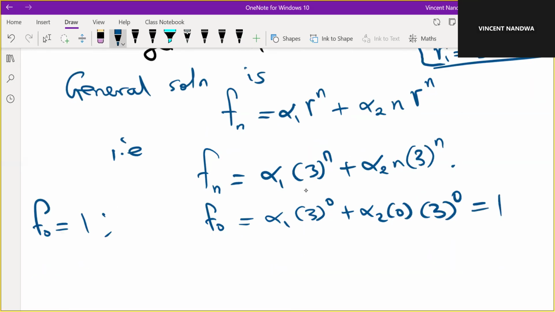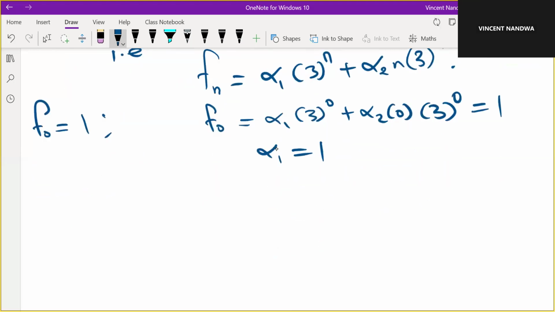So 3 power 0 is 1, and 0 times alpha 2 times 3 power 0 is 0, so just alpha 1 equals 1.